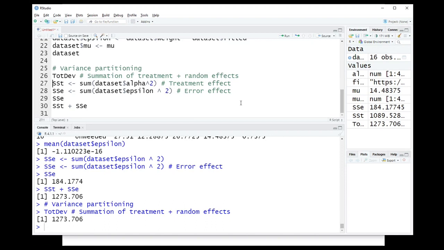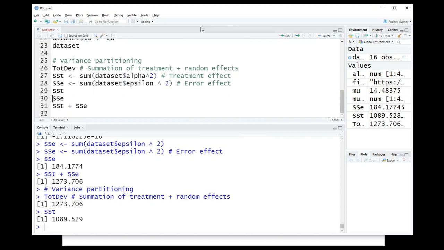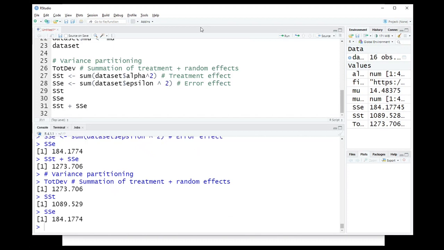A main part comes from the effect of the treatment, and it is quantified in SST, 1089.5.